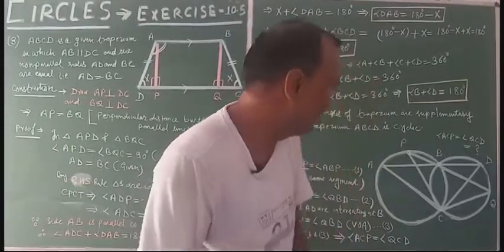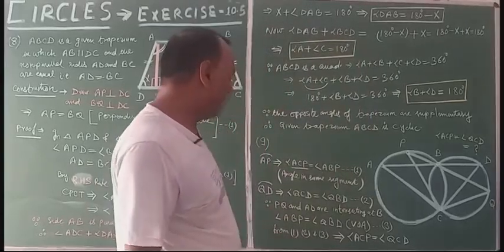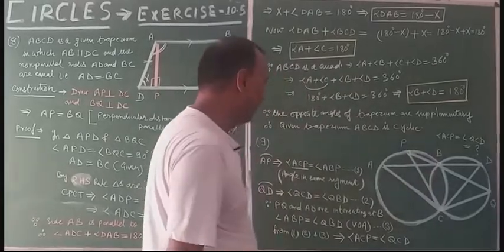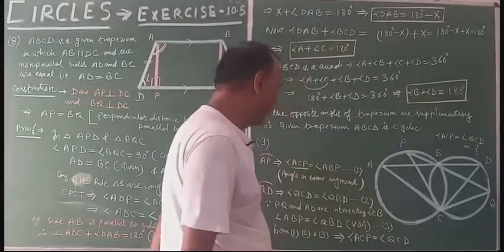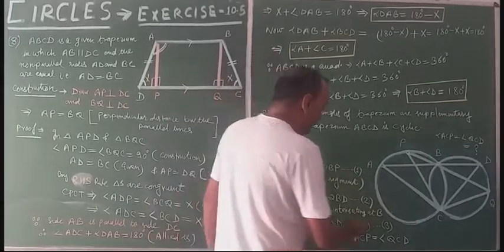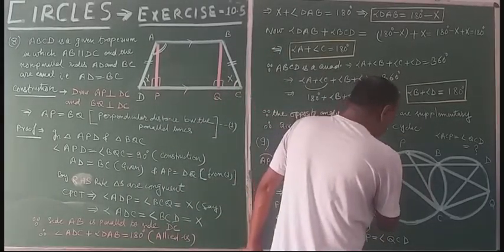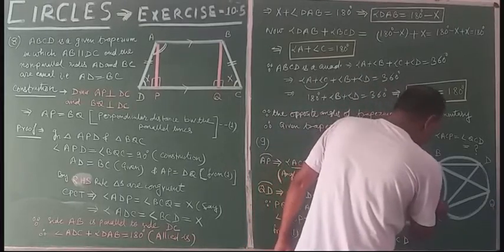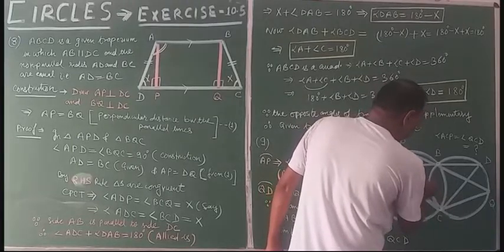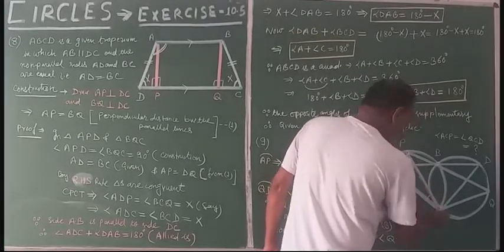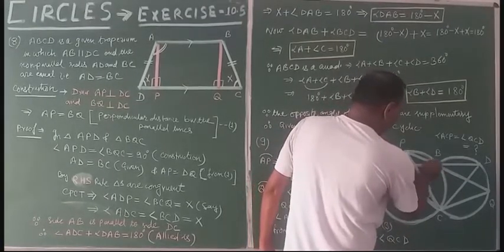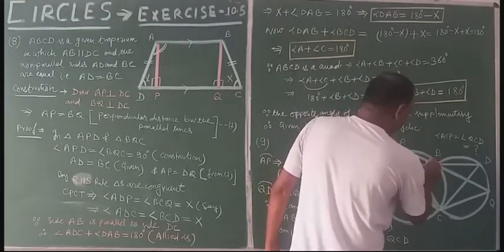Now just look. Look at arc AP. This is making two angles on the same segment. They are angle ACP and this APB.